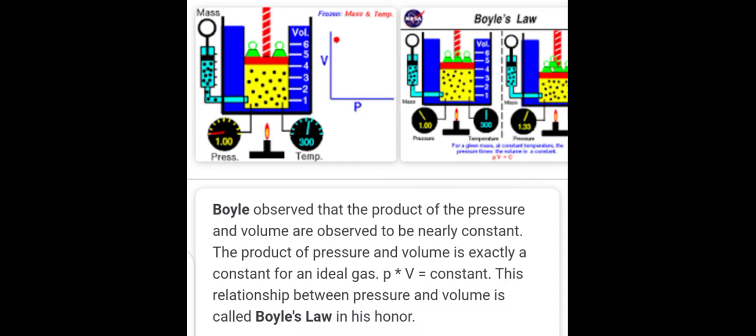So when pressure increases, in one picture there are three green bars, and then volume is more. But when pressure is increased, that is, it becomes 4 green bars, then the volume decreases at constant temperature. The flame remains the same.